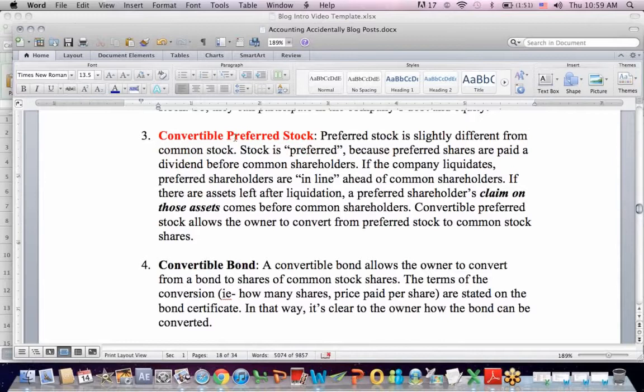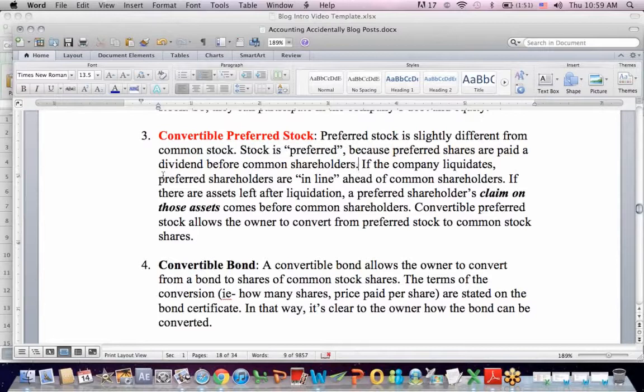The phrase preferred is misunderstood is another thing I find. Preferred stock is slightly different from common stock. There are a few reasons why a stock might be considered preferred. Really, two big reasons. For one thing, the preferred shareholders are in line in front of the common shareholders in getting a dividend. They have priority.